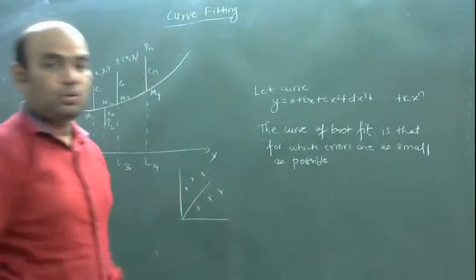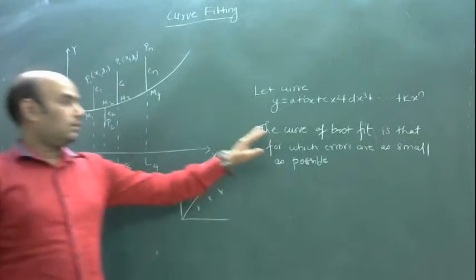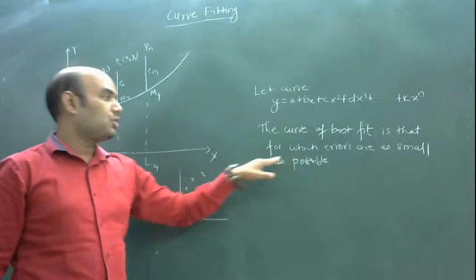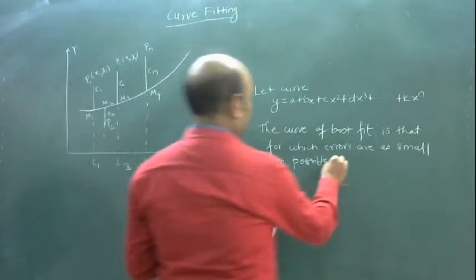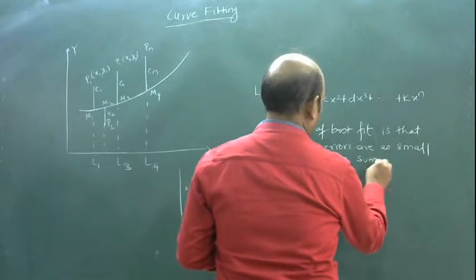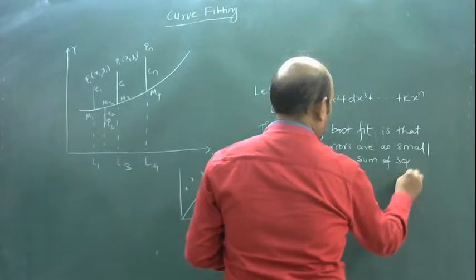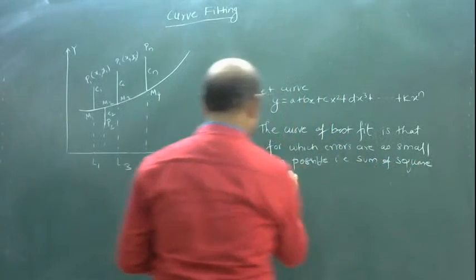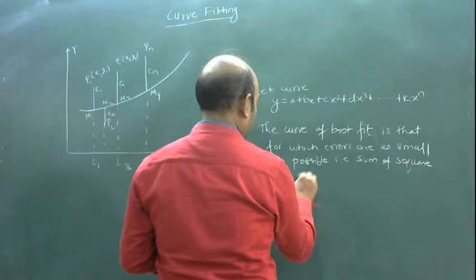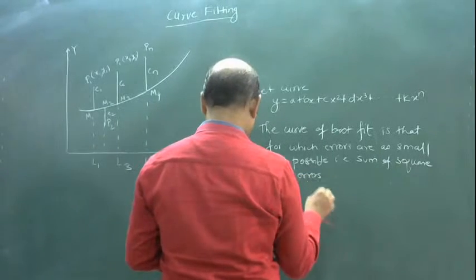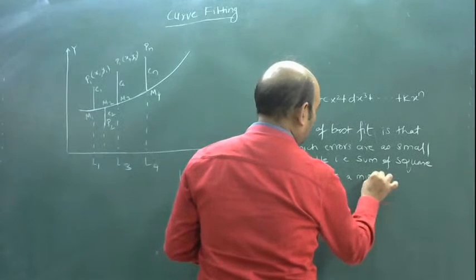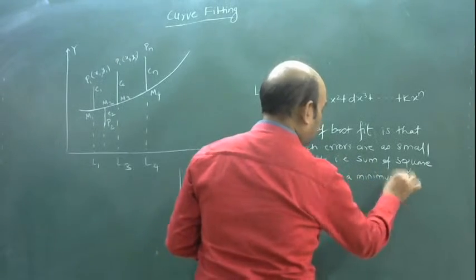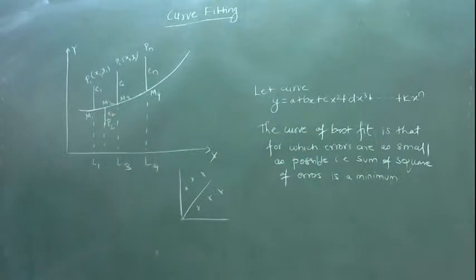So we have to fit the curve where errors must be minimum. That is, the sum of squares of errors should be minimum.